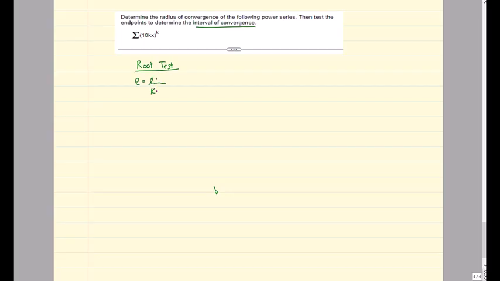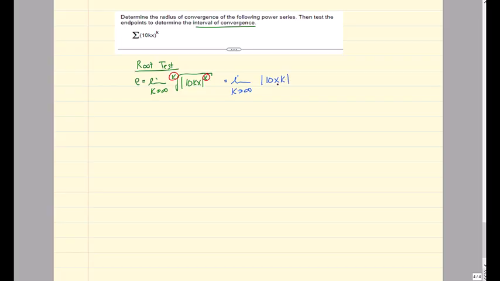I look at the limit as k approaches infinity of the kth root of the absolute value of 10kx to the k. Now remember, I can put the k inside the absolute value, or I can pull it out. The effect is the same. The kth root and the kth power cancel each other out, so I'm left with the limit as k approaches infinity of the absolute value of 10x times k.